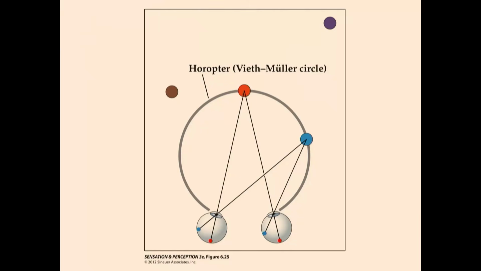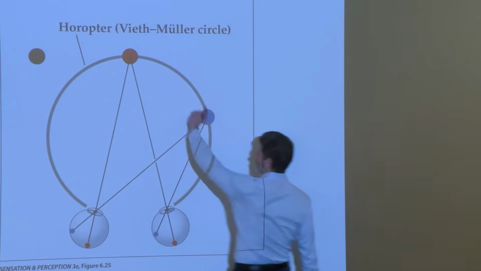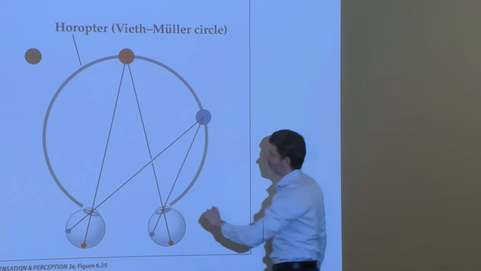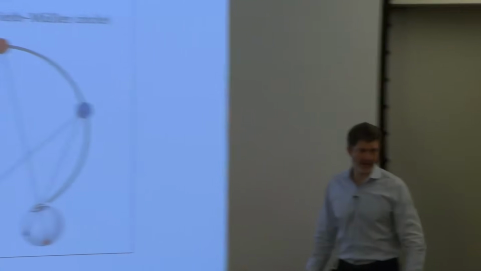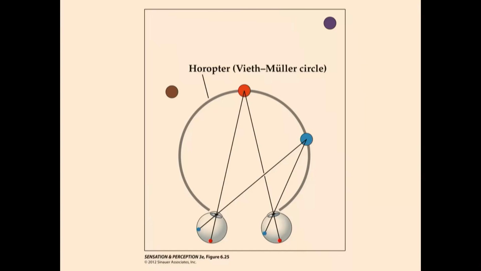Okay, so there's this, and if you take a 2D slice here, in reality this is a 3D world, but in this 2D slice you get kind of this circle here, and every point on this circle will project to corresponding points on the retina, and that would cause zero disparity. Okay, so that's called the horopter. Okay, but everything that's off of the horopter will have some disparity.